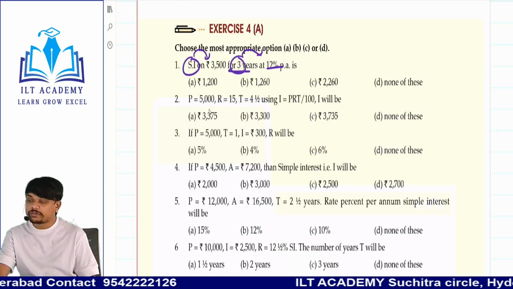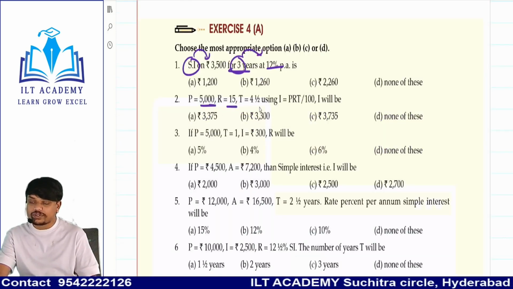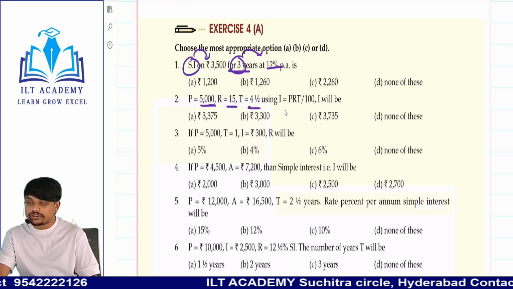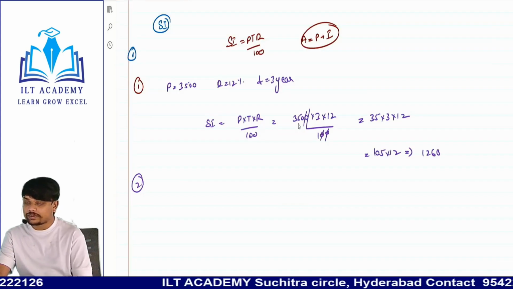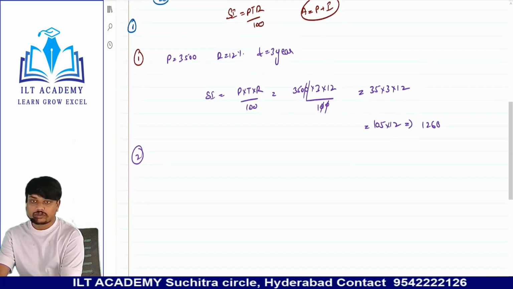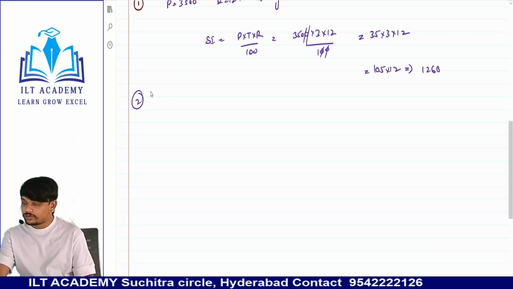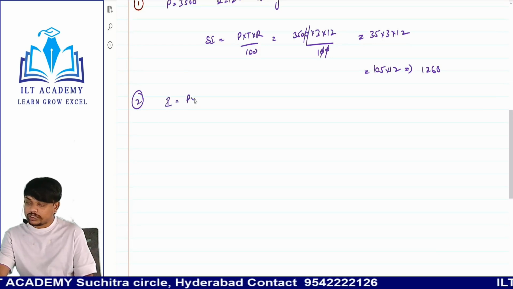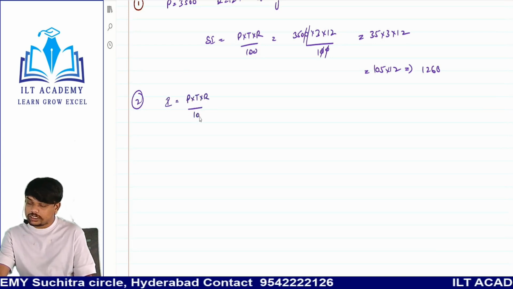Second one: principal is 5000, rate is 15%, time is 4.5 years. You need to find the interest again. Interest is equal to P into T into R upon 100.